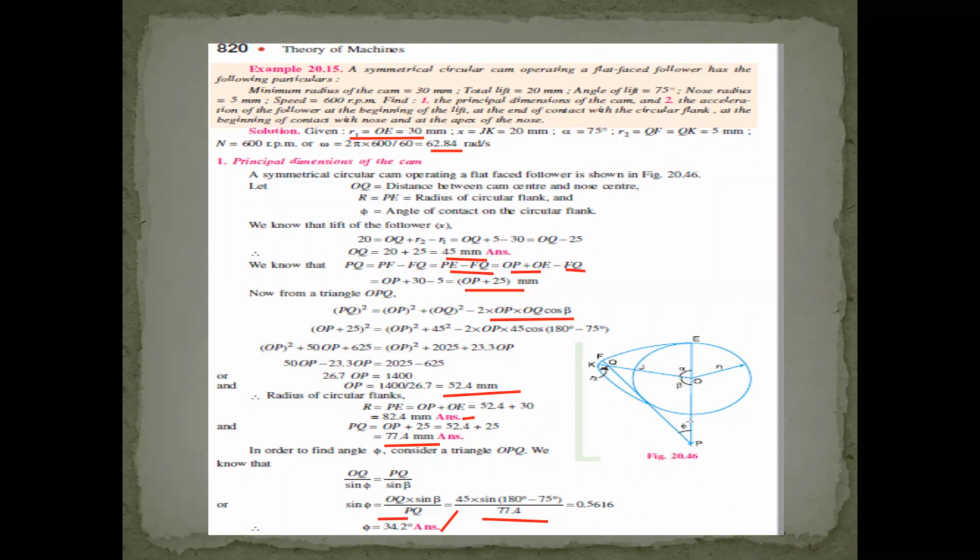Just draw the arc. Now the phi angle, using a protractor, you should draw the phi angle of 34.2 degrees, and beta is already there, which is 180 minus 75.